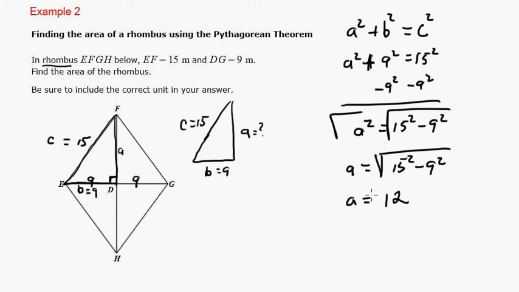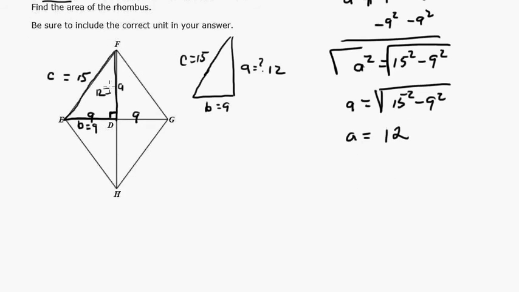So A is 12. So this distance now is 12, which is the height. That's what's important. So now I can find the area of this triangle right here.